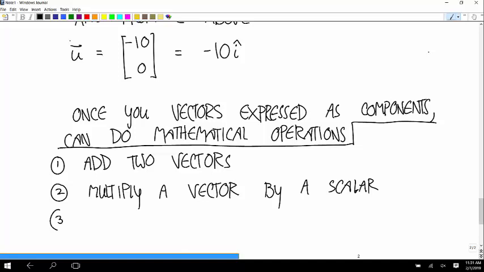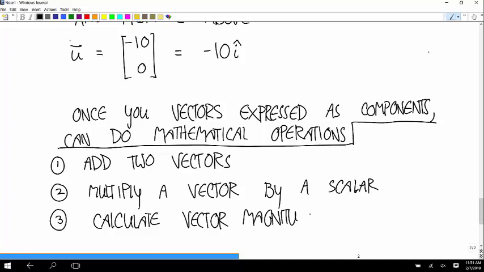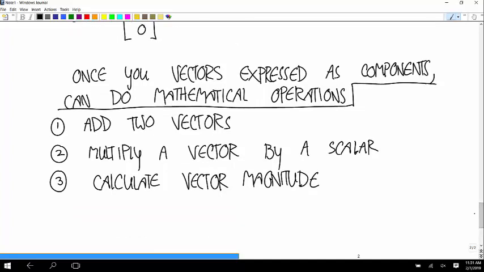We can figure out the magnitude of the vector, so calculate the vector magnitude. And then the last thing is we can do calculus with the vector components.